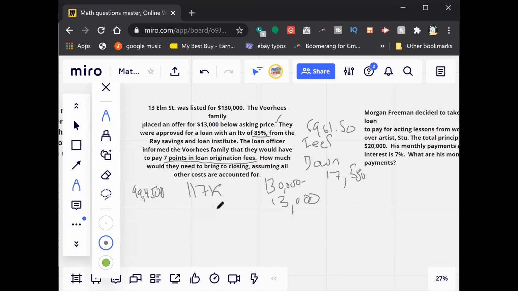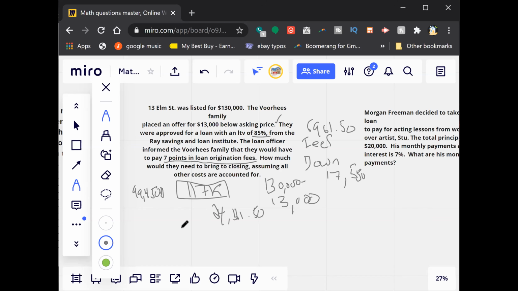So it should be $24,511.50. Did you subtract? Nope, I added. So here's what happened. I subtracted the sale price. So this is what we did.